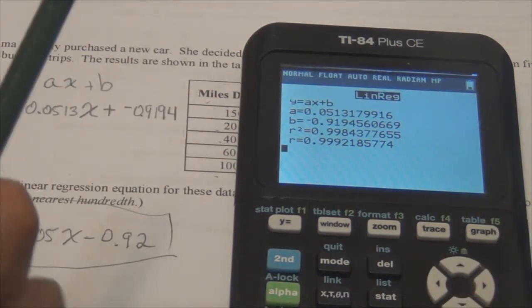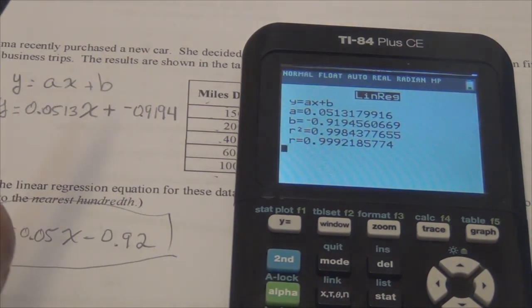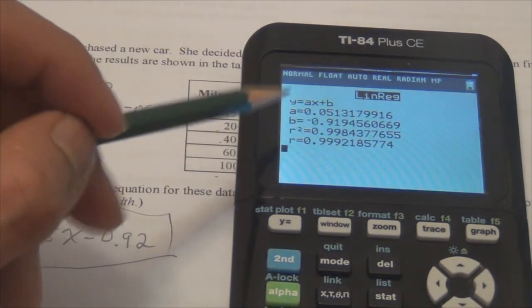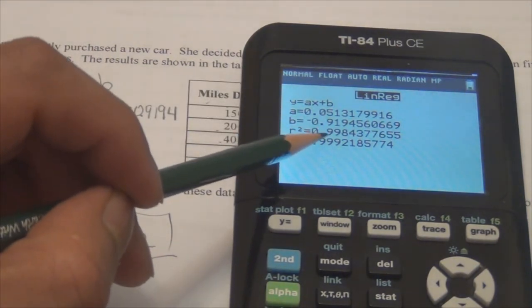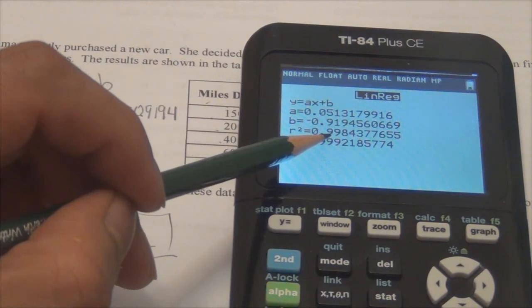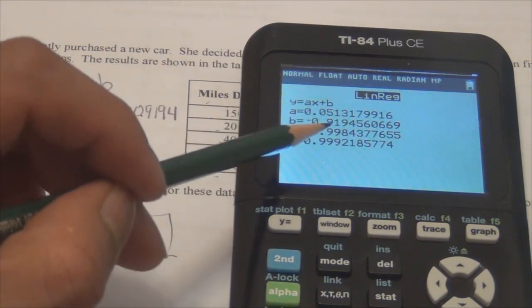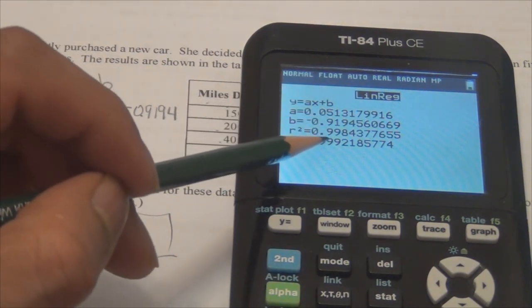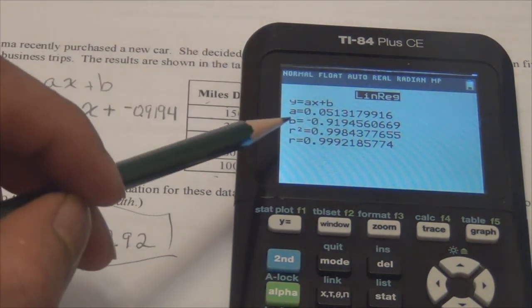That means that there is a really strong correlation. Strong it is, the force. And R squared is also, look, the coefficient of determination says that 99% of the variance or variability on the y axis can be explained, or the data on the y axis can be explained by the data on the x axis.